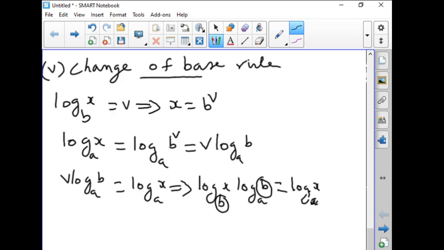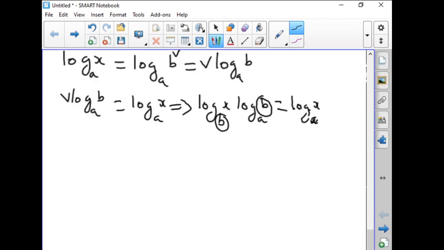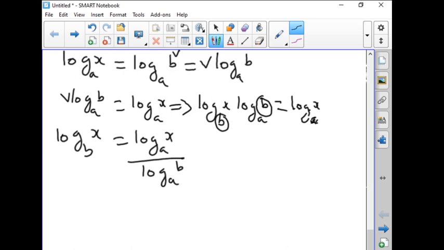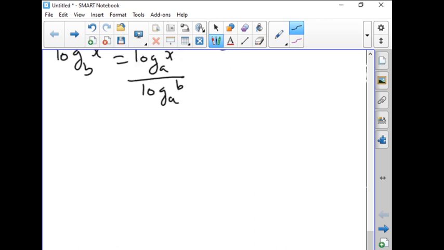In the other way also we can write. From this we can also write log x to the base b is equal to log x to the base a by log b to the base a. It can be taken like this also. Now one more thing you have to remember: log x to the base a can be written as 1 by log a to the base x.